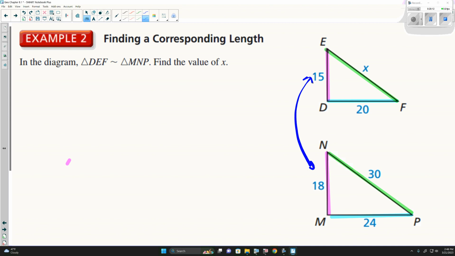And our proportionality statement is saying that EF over NP should be the same as the proportion ED over MN, yes? Which would technically be the same as DF over MP.